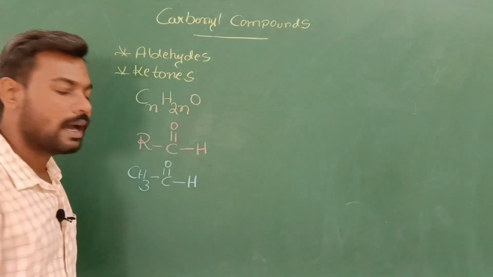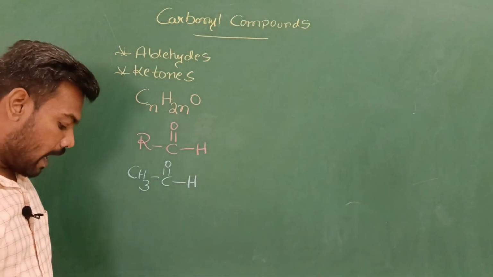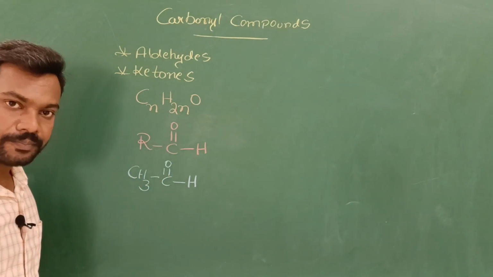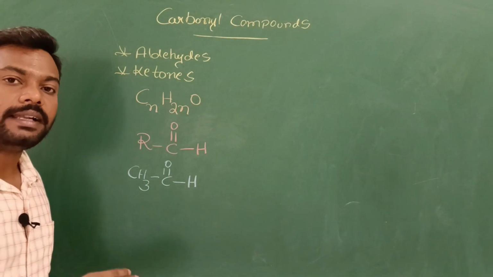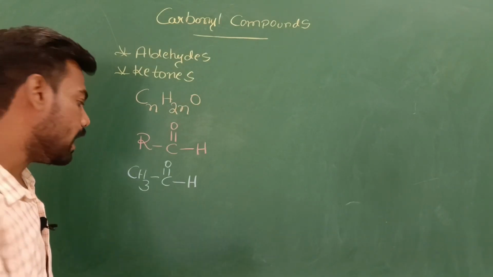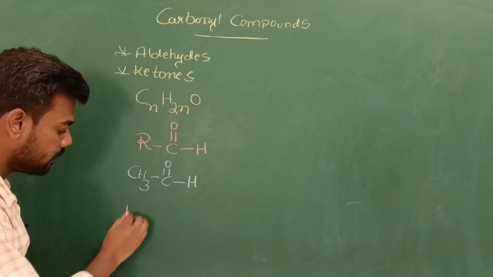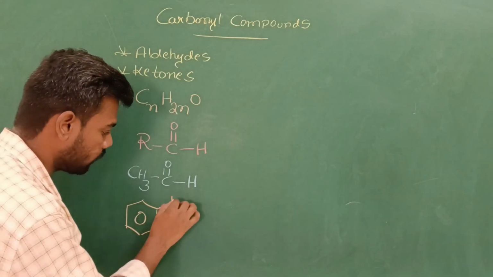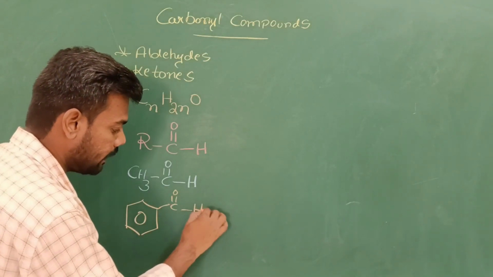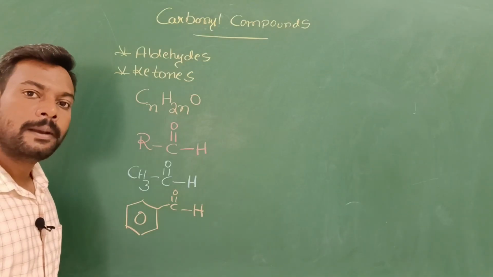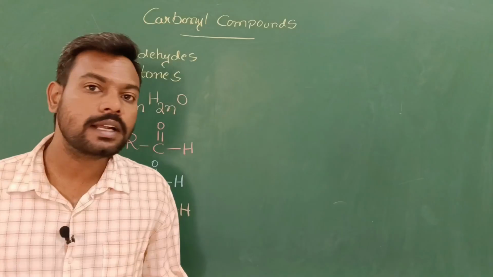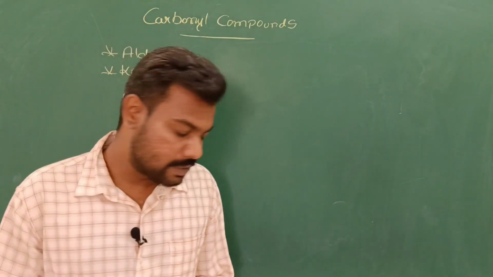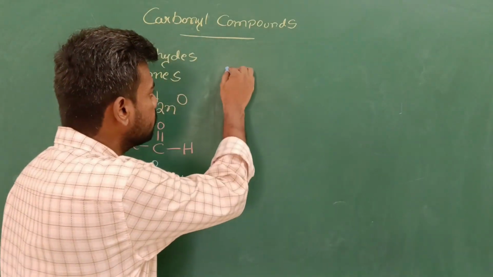If an aryl group is bonded to the carbon atom, then it is known as aryl aldehyde, for example benzaldehyde.